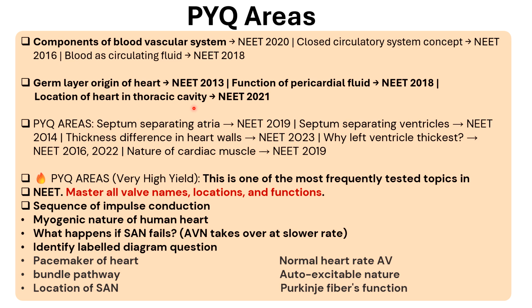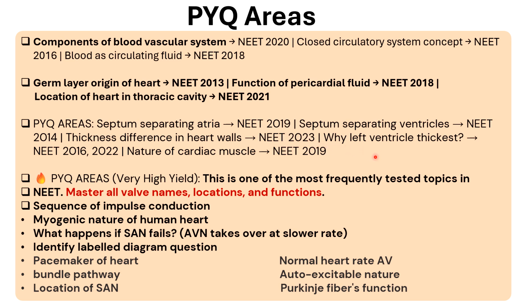All these are functions of the pericardial fluid. Then the location of the heart in the thoracic cavity: between the lungs, tilted slightly towards the left. Then the questions have come directly on the septa: the septum separating the atria is the interatrial septum, and the septum separating the ventricles is the interventricular septum. There is a thickness difference in the heart walls. Ventricular thickness is more than atrial thickness because ventricles pump blood.